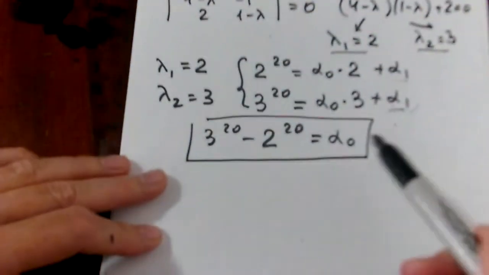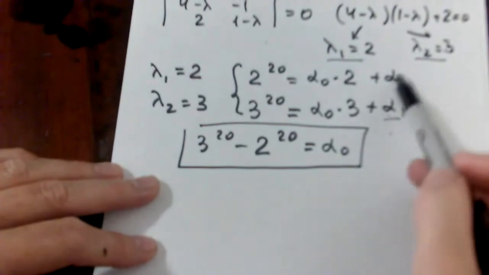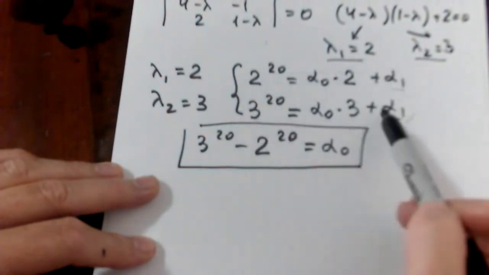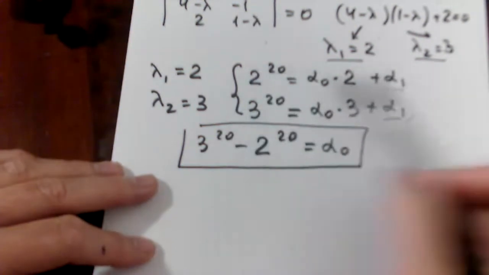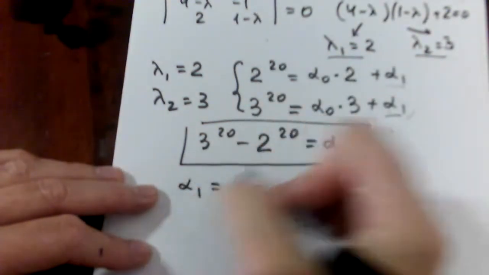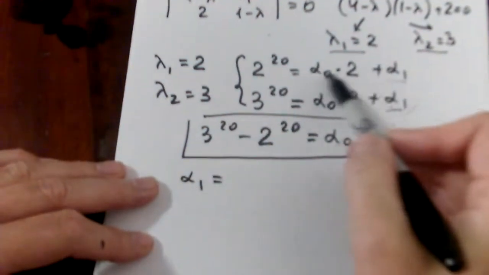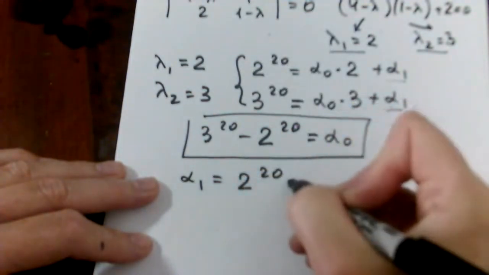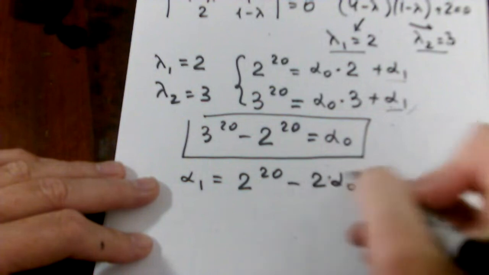Very nice. And to get the second unknown, which is alpha 1, you can use either the first equation or the second one. It doesn't matter. I can solve the first equation for alpha 1 first, which will be 2 to 20 minus 2 alpha 0.